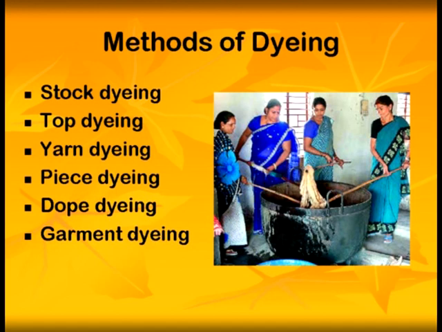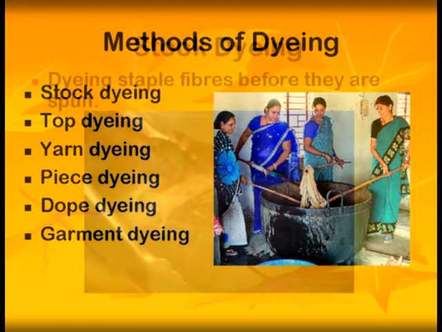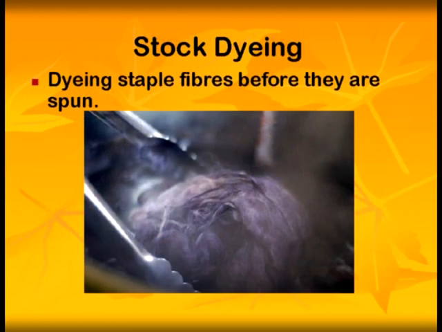Methods of dyeing. There are 6 main methods of dyeing and they are briefly described. First, stock dyeing. Stock dyeing refers to dyeing staple fibers before they are spun.